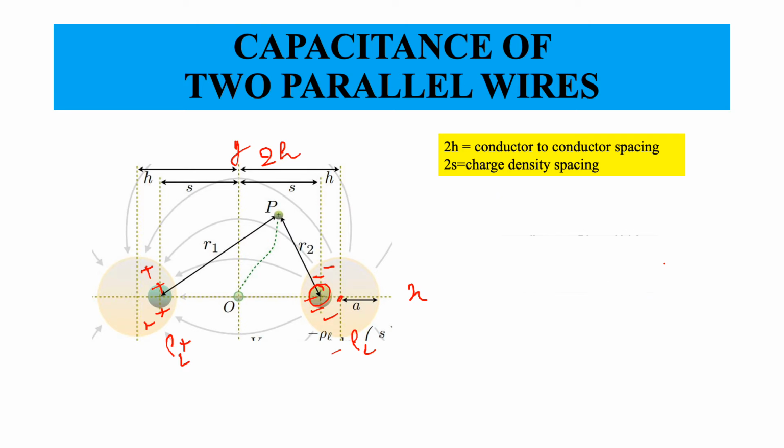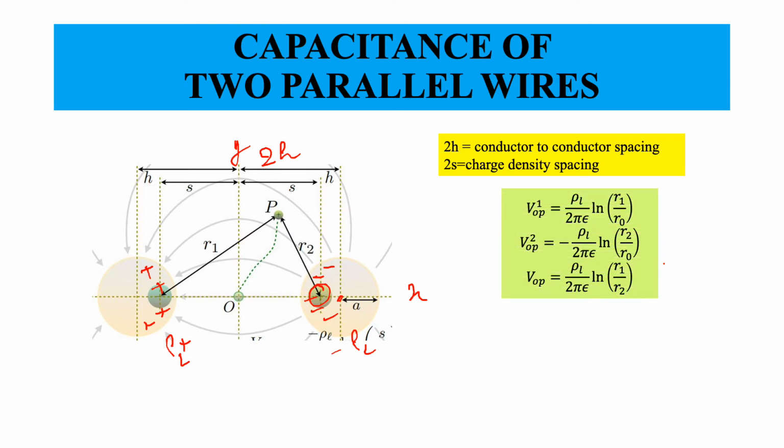The potential of this with respect to a certain reference point will depend on the distance R1. Okay, so it will be V of P1 with R1 by R0. For the negative, it will be with distance R2.